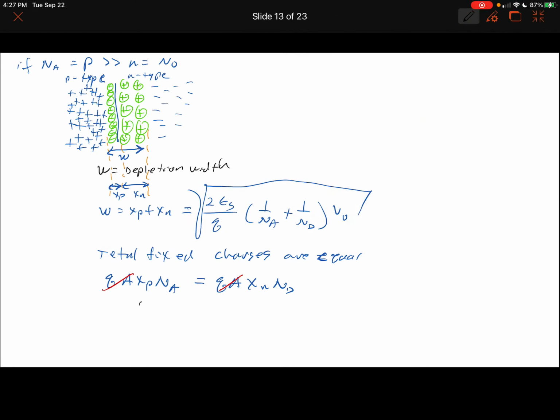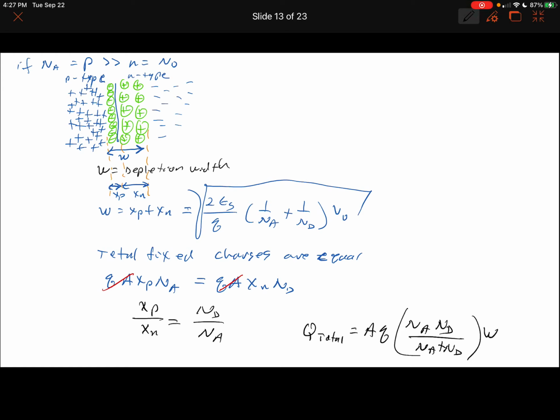And we're left with a relationship that looks like XP over XN is equal to ND over NA, that ratio of those charges. And the total charge is equal to A times Q times NA times ND over NA plus ND times W. That gets you total charge.